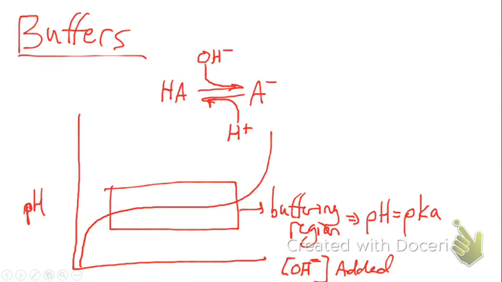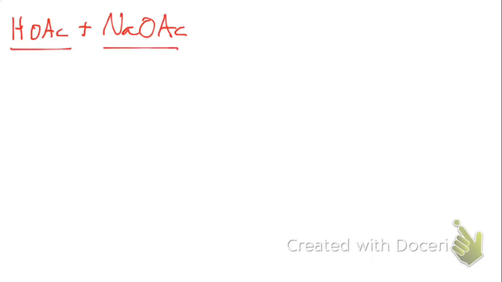So let's look at an example of this. We have acetic acid, plus sodium acetate, which is its conjugate base. We find that this is the strongest buffer when the concentration is 50-50.